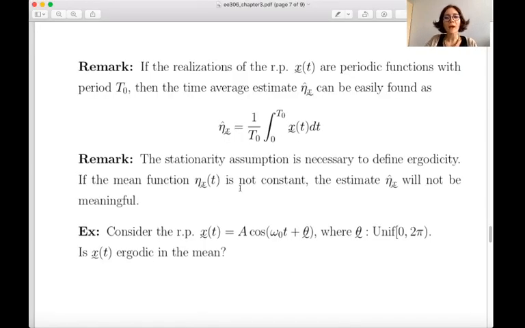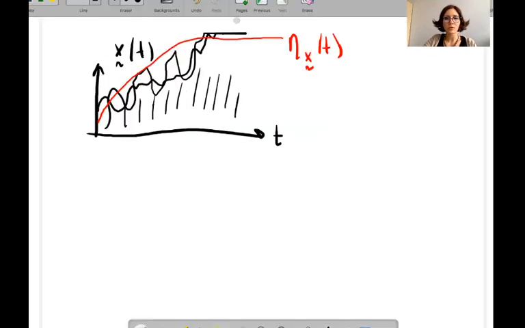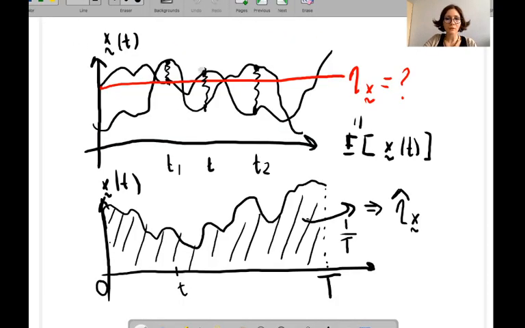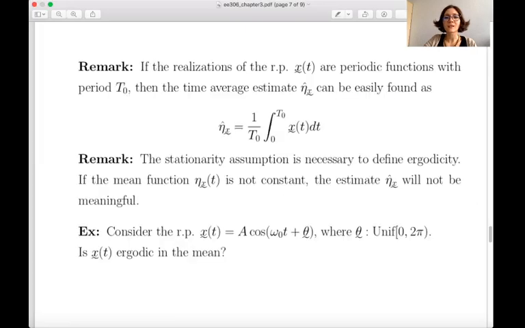If you have a random process that's stationary in the mean, so that the picture does not look like this but looks like this, then only after that can you discuss whether your random process is ergodic or not. But if your random process is not stationary in the mean, then the question of whether it's ergodic or not does not make sense. Ergodicity is not defined for non-stationary processes.